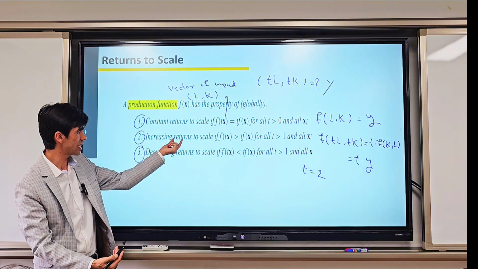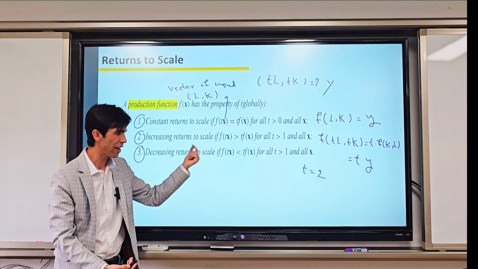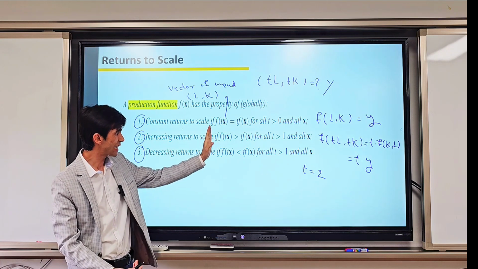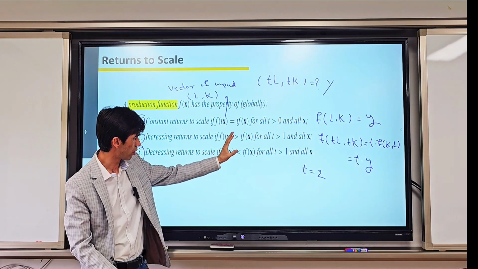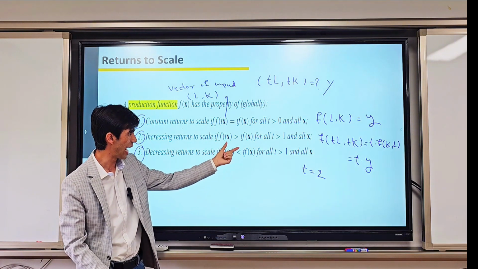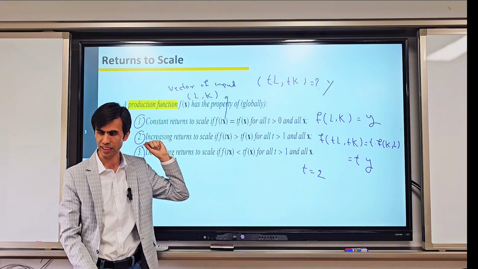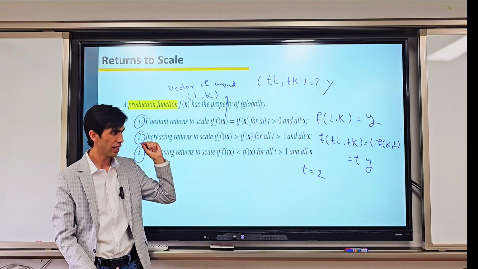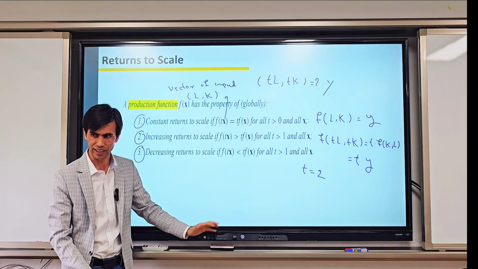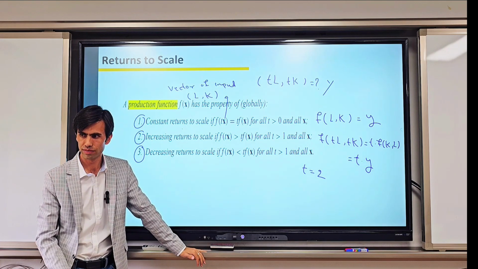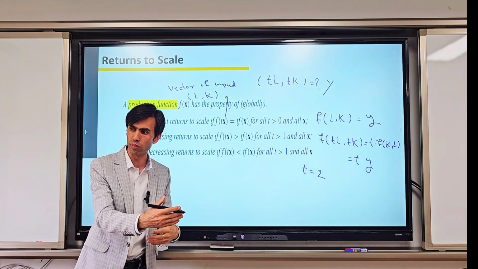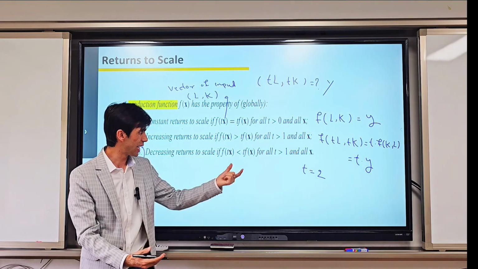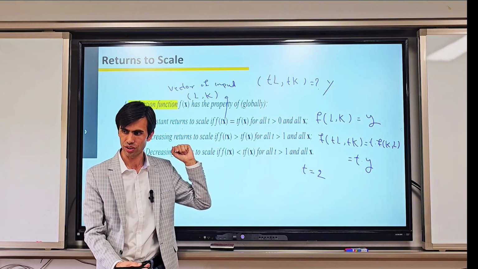In the case of increasing return to scale, if we increase all our inputs, for example labor and capital, and the new output is increasing by more than t, then we will have increasing return to scale.